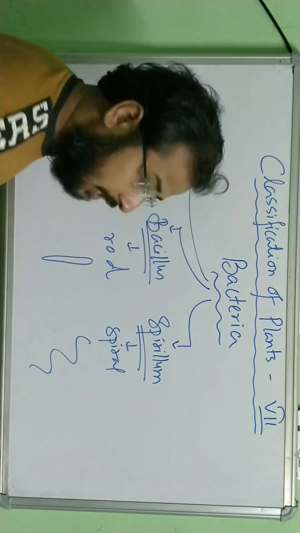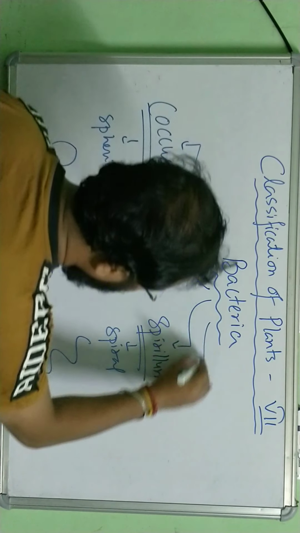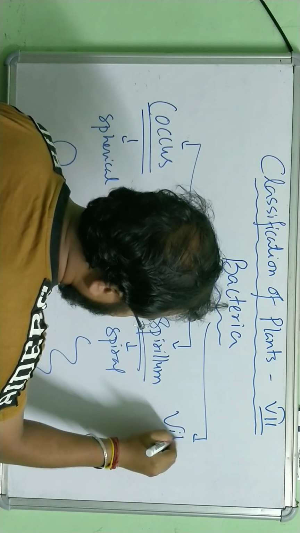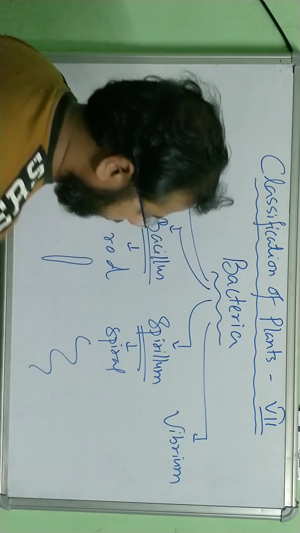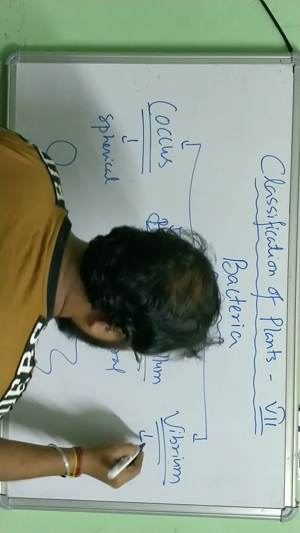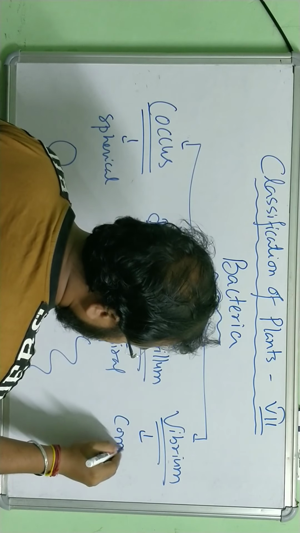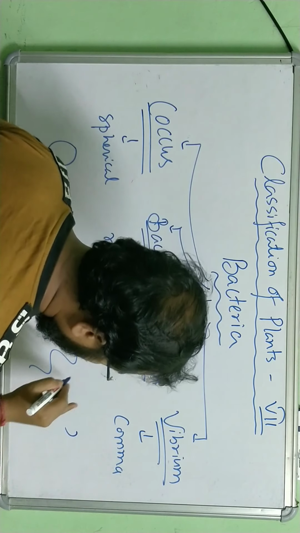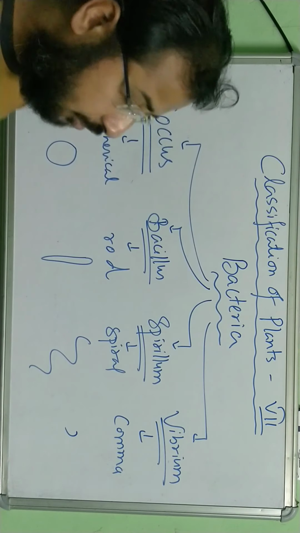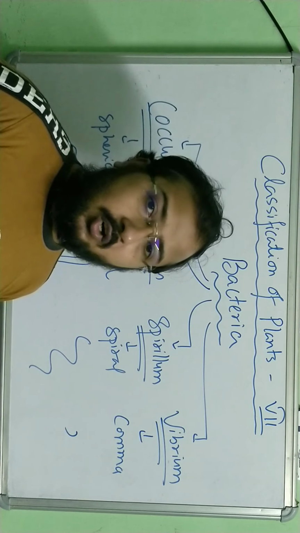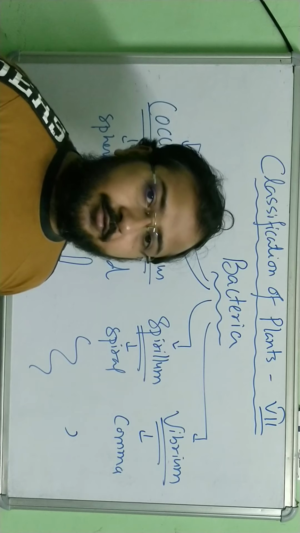And the last one is the Vibrio, which is comma shaped, like this. So these are the four different groups of bacteria on the basis of their different shapes.